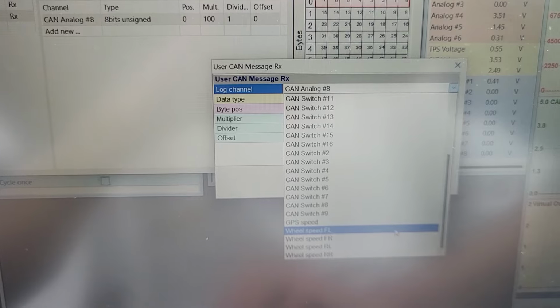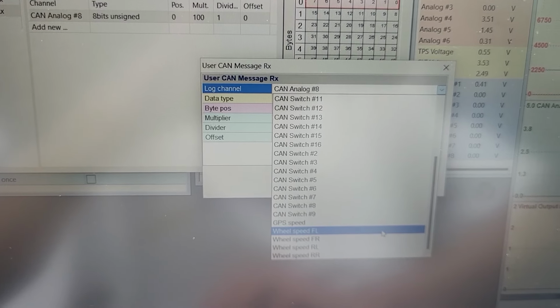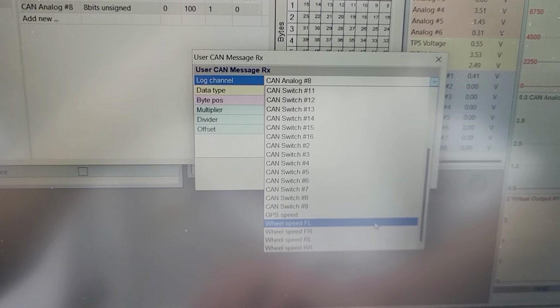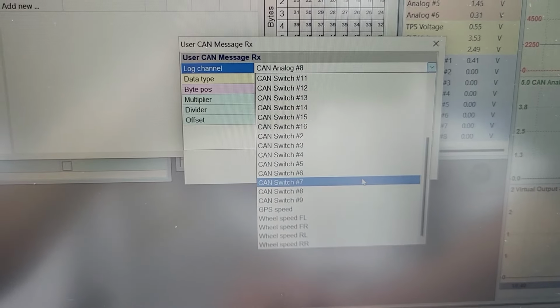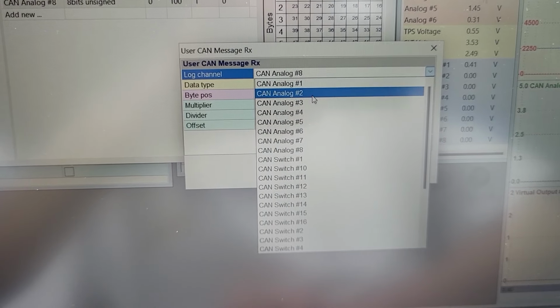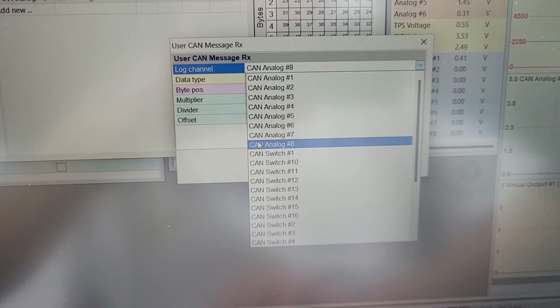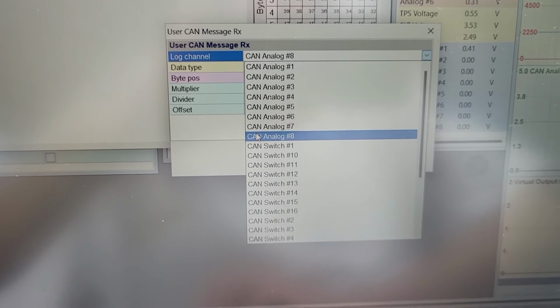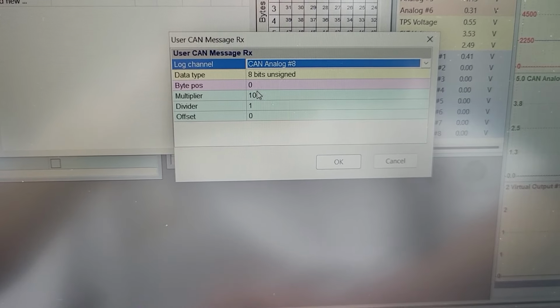Do bear in mind though that there is a whole ECU Master ecosystem for things like tire temperatures, EGTs, things like that, and they will have their own things pre-set up, embedded in. But what we're working with is simulated analog signals or simulated switch signals. Gone for analog 8 because that's at the other end of the things that I've been working with already.